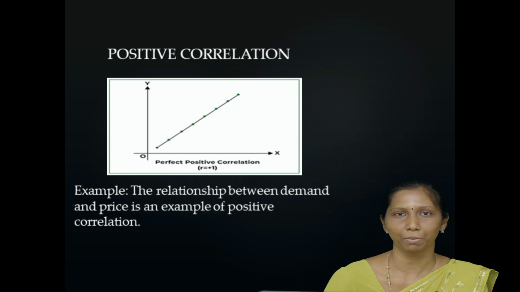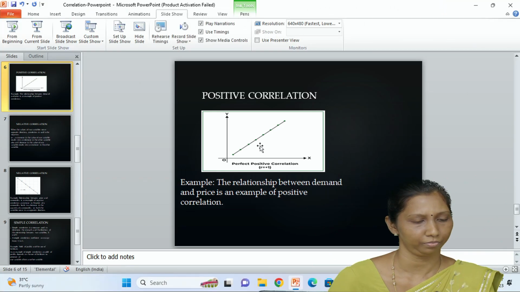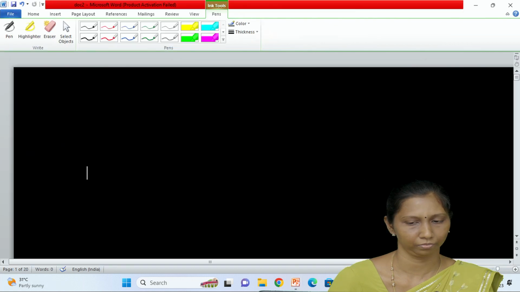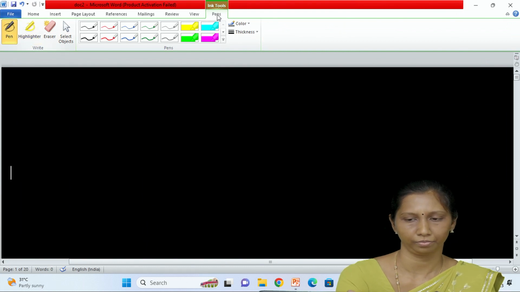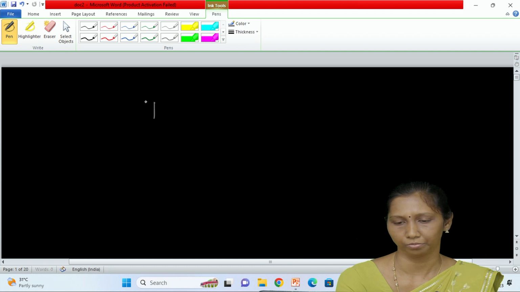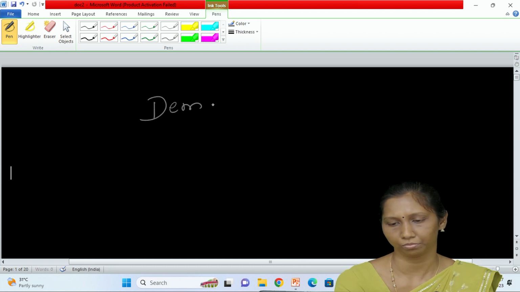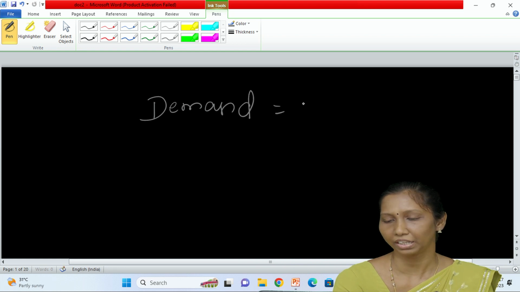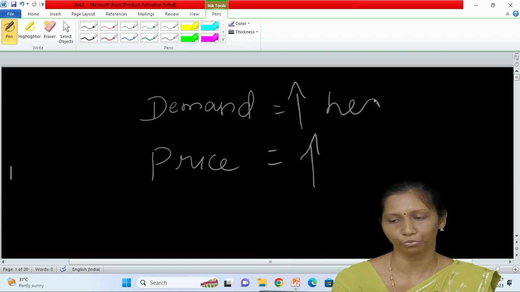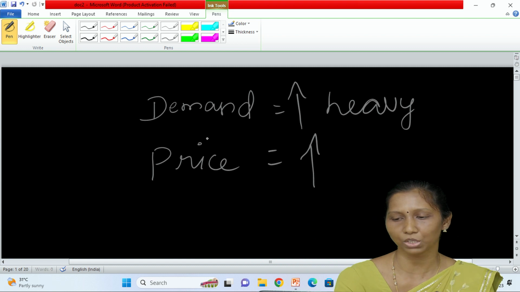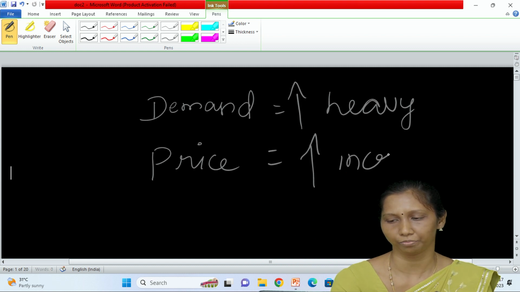If there is a heavy demand for the product, the price of the product also increases, so we can say it is a positive correlation.